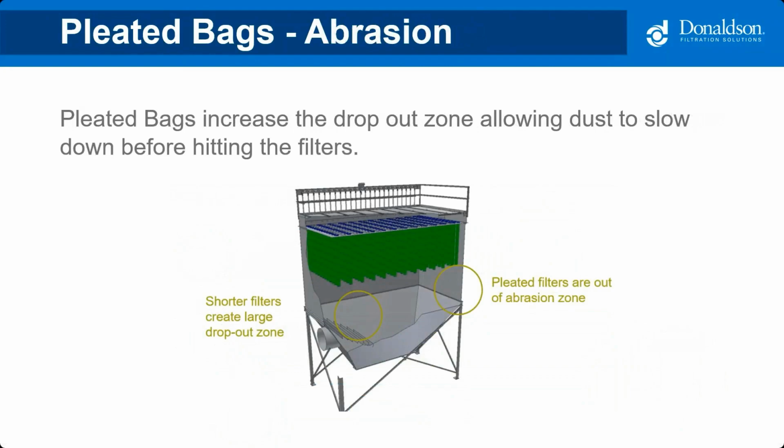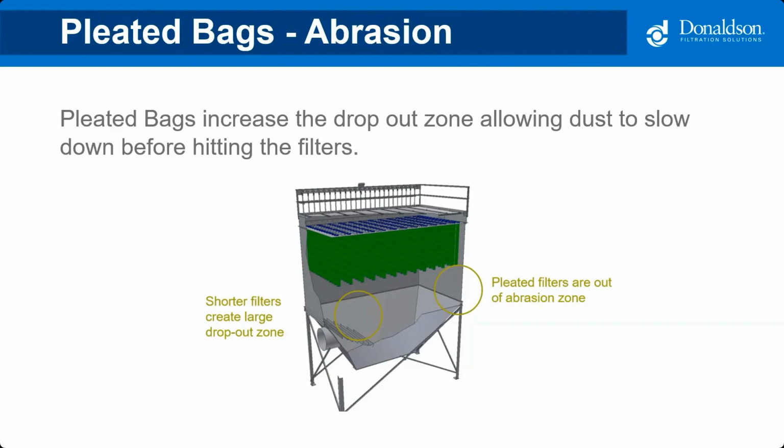But one of the main reasons that I see success in your industry is abrasion. Remember, abrasion is an issue on those filter bags. And even if you have proper baffling in, like this dust collector does, you're still going to be beating the heck out of the bottoms of those filters. If you put in pleated bags, remember, a lot more cloth area, and the longest filter we make in the pleated bag is 80 inches.